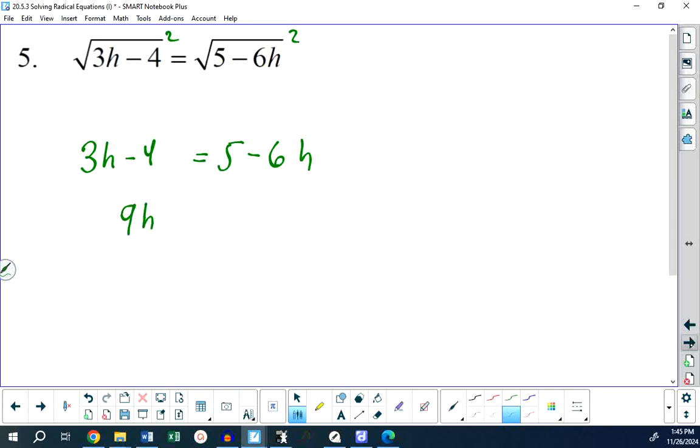When I add 6h to both sides, I get 9h. When I add 4 to both sides, I get 9. H is equal to 1. I'm going to take a minute and throw 1 in there and see if it works. Does it? It doesn't work.